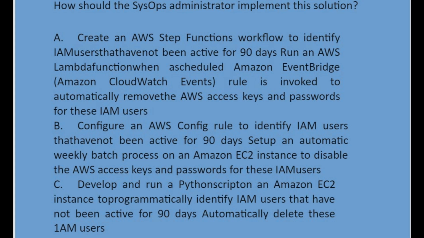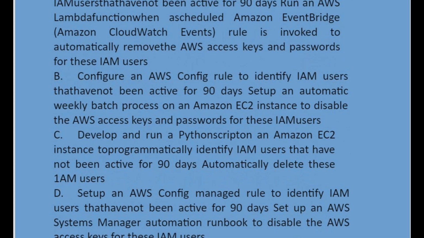Option B. Configure an AWS Config rule to identify IAM users that have not been active for 90 days. Set up an automatic weekly batch process on an Amazon EC2 instance to disable the AWS access keys and passwords for these IAM users.